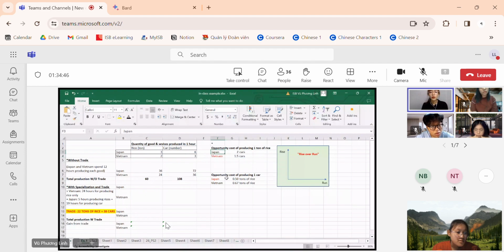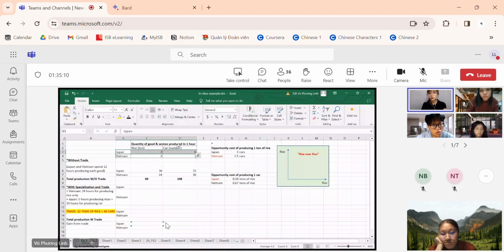So here opportunity cost simply means what you give up to do something. If Japan spends their hours to produce a ton of rice, how many cars do they need to give up? We just look at the Japan row.